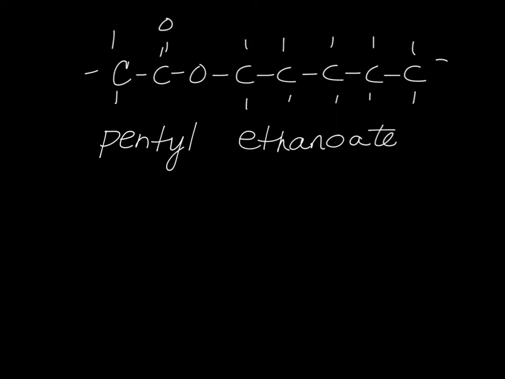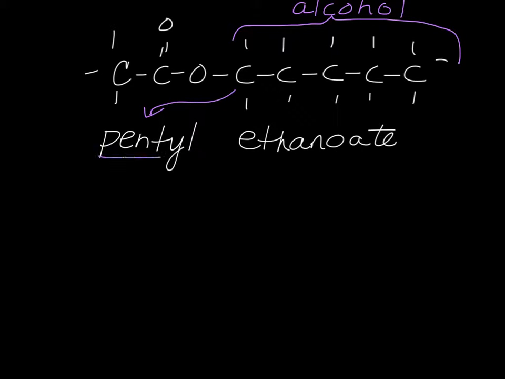This is probably the most difficult compound because the way it's drawn and the way it's named is backwards. So let me explain. This part of the name on the right of the O came from the alcohol that was involved in the reaction that made it. It is drawn last, but it is named first. So the pent comes from the 5-carbon alcohol that made it, and the YL ending is added.